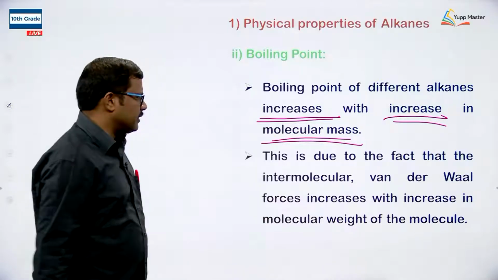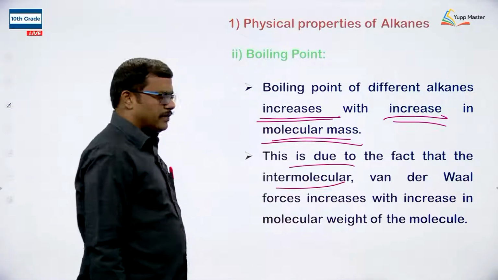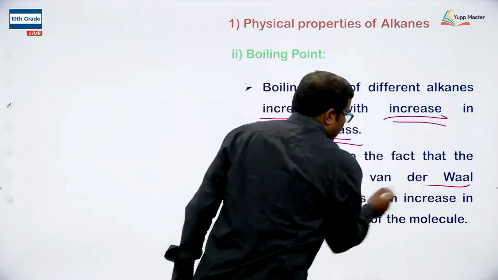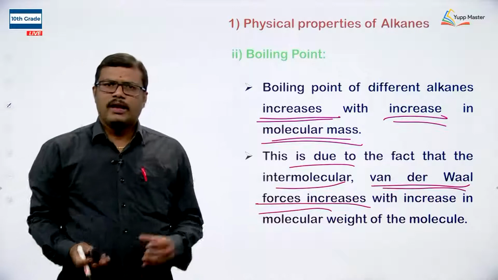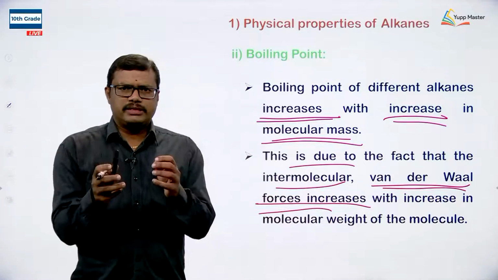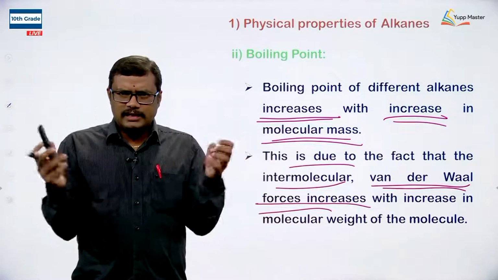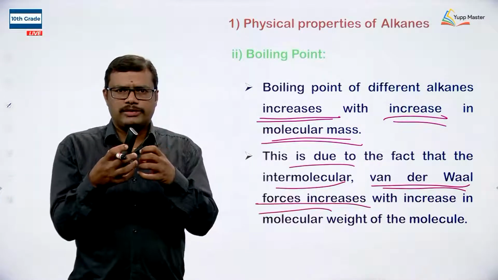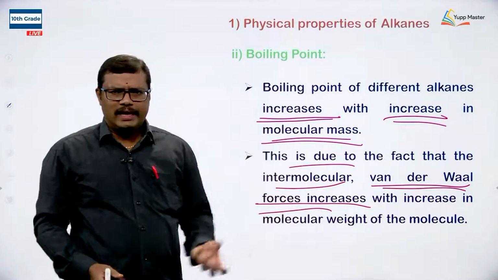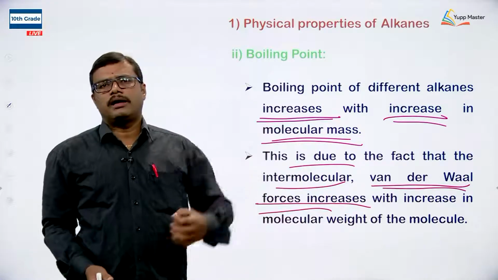Why is it increasing? Because with the increase in molecular mass, the intermolecular van der Waals forces of attraction are increasing. As the number of atoms increases, the number of interactions increases, so more van der Waals forces of attraction come into the picture. When I want to boil it, I have to overcome these attractive forces.